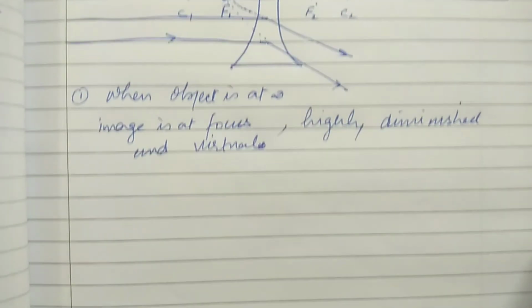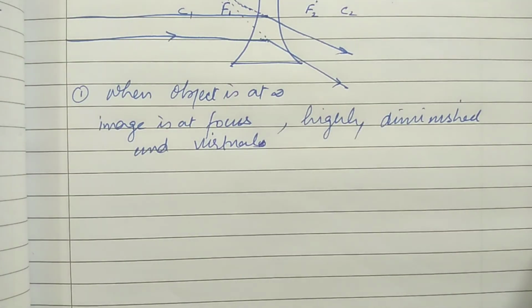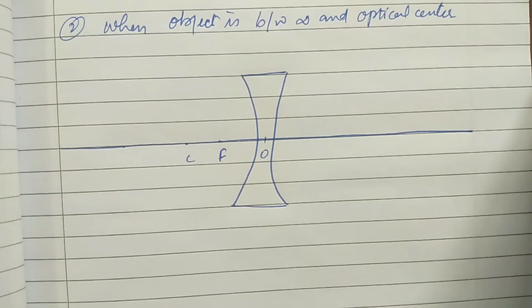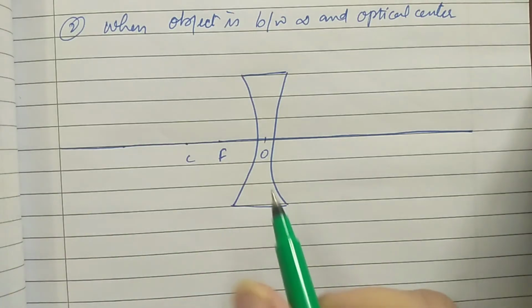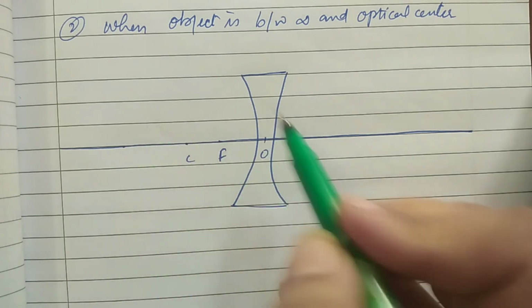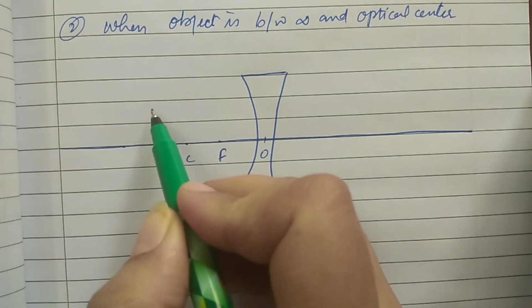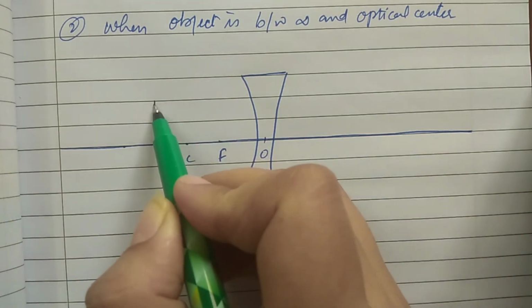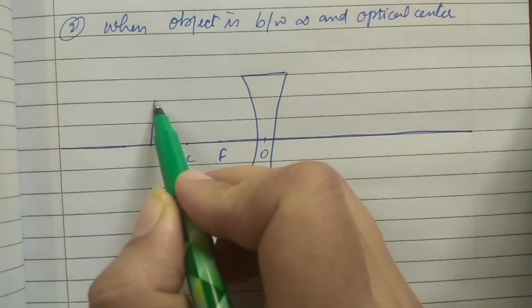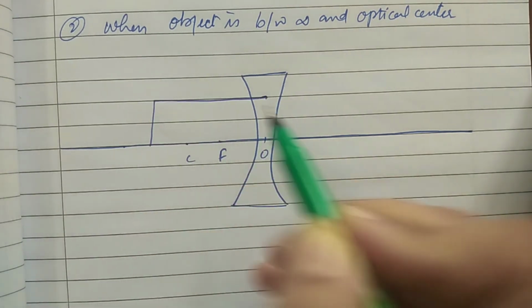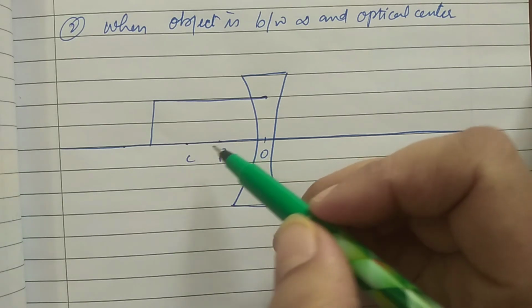Now the second case is when the object is in between the infinity and optical center of the concave lens. Let us consider the object is here. Any parallel ray will appear to come from the focus.